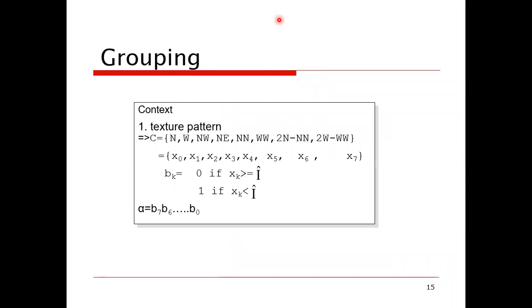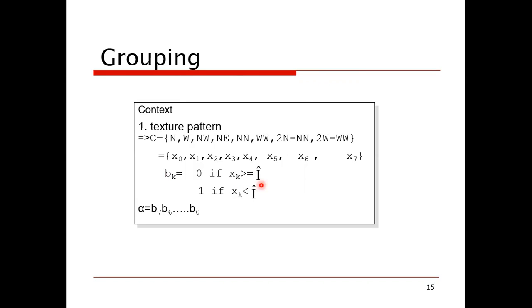So in this way, we use a mapping function to create a binary vector. bk becomes 0 if xk is greater than or equal to the predicted value of the given pixel.